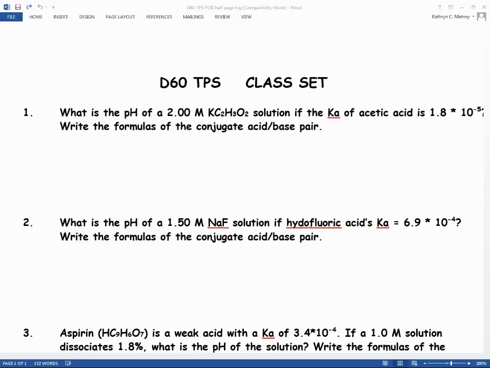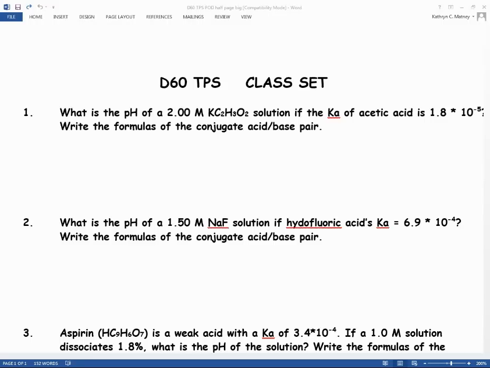The AP exam, to see, are you paying attention to the details? Because if you don't, it's not going to be pretty. And the details are, I have a salt, I have a basic salt, I need the Kb, not the Ka. When I minus log X, I'm going to be getting POH, not pH. That's what I mean by giving you all the little tricks in one problem.